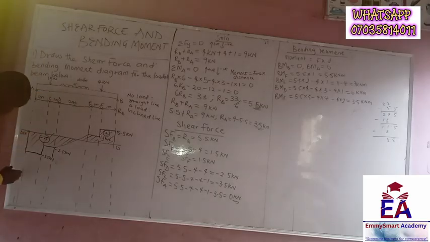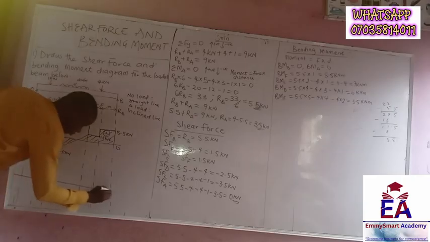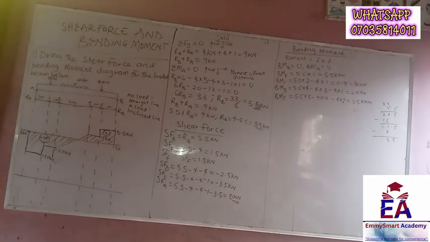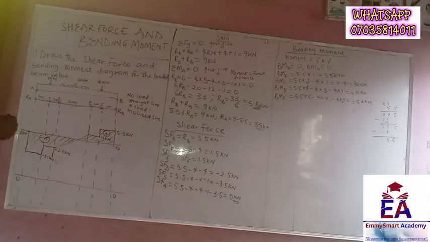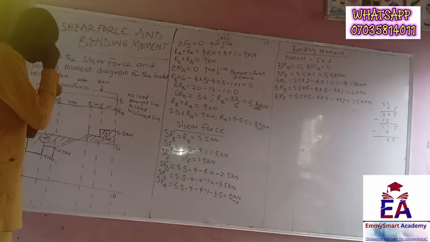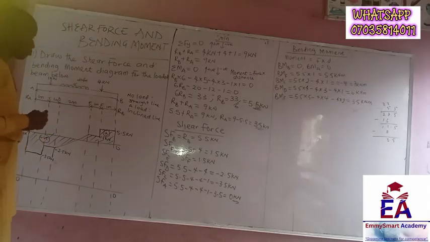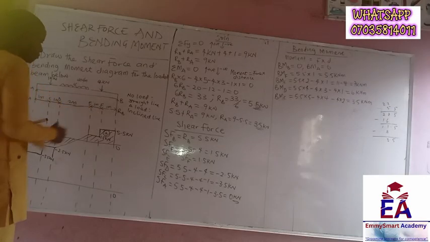Alright, so for the bending moment diagram, let's have it here. So we have this point at 0. The bending moment at B is 0, and then the bending moment at F is 5.5.